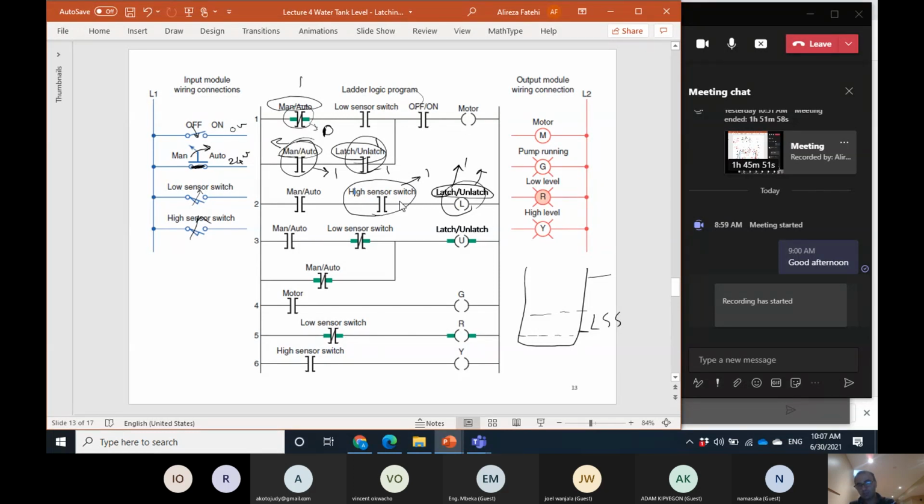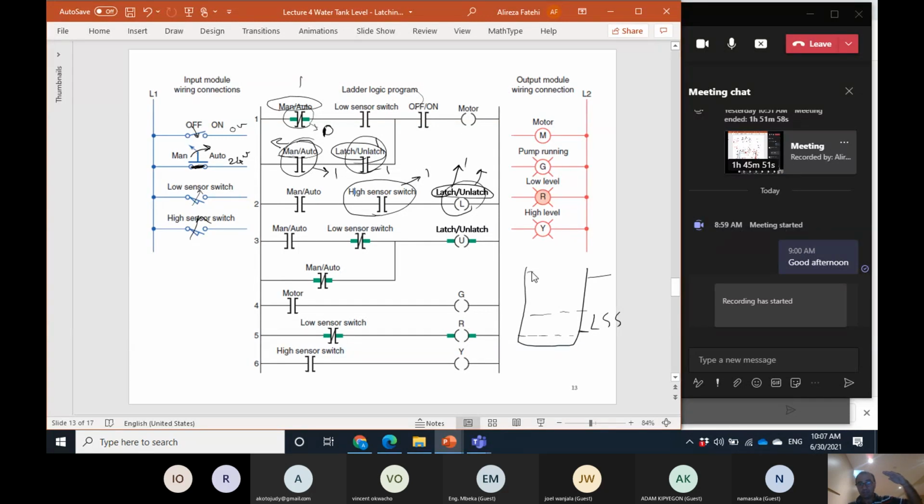So when the level reaches the high sensor switch, that latch coil latches. Maybe it would be better to use another tag or symbol for that, but just to emphasize that it's a latch on coil, I use this. Then this turns on, and the motor turns on.